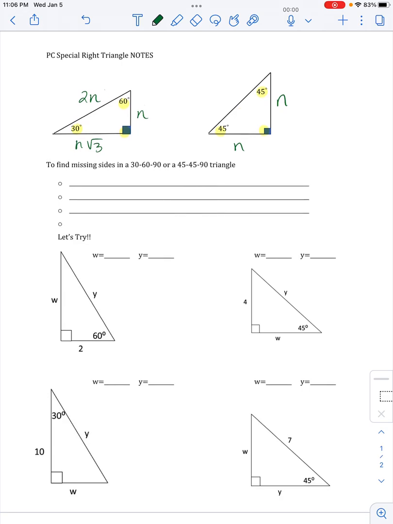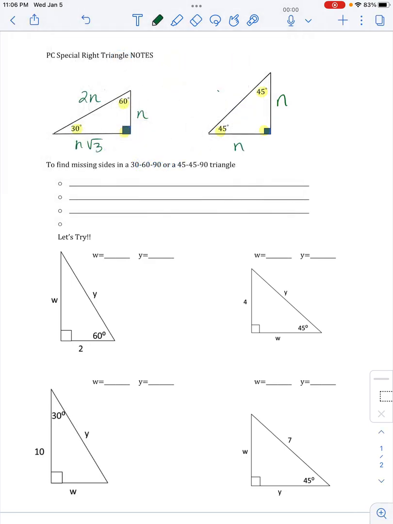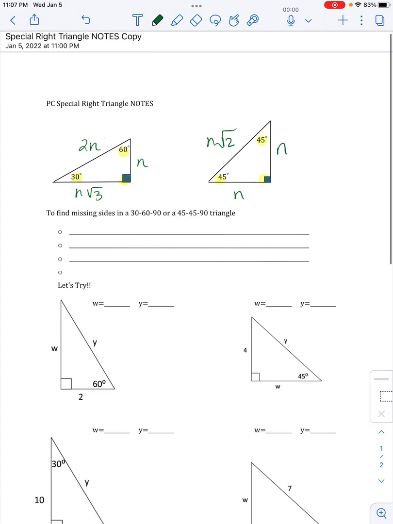And then the hypotenuse is n, that same number that we have been using, times the square root of 2. Still messy, geez Louise.